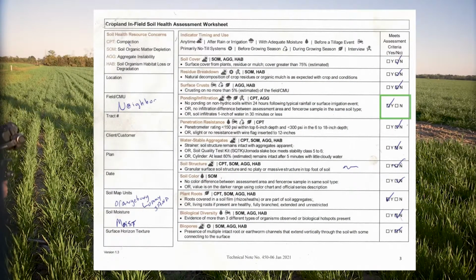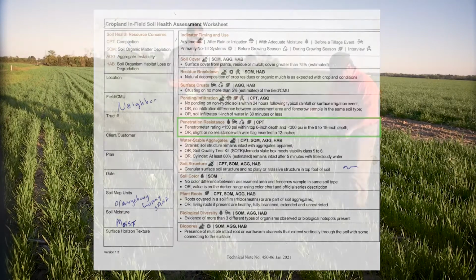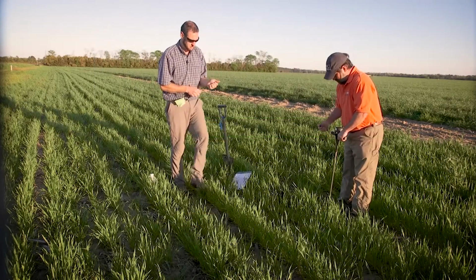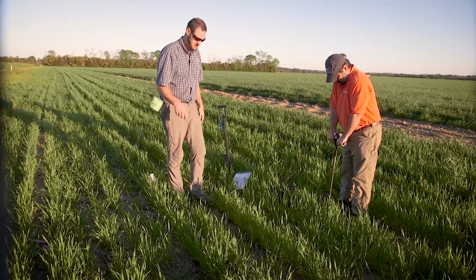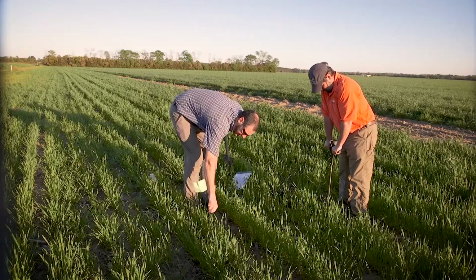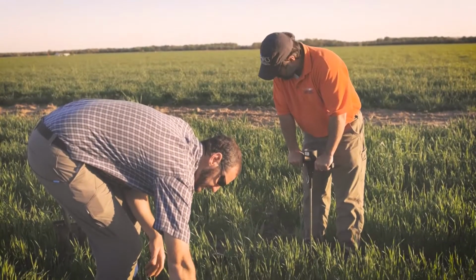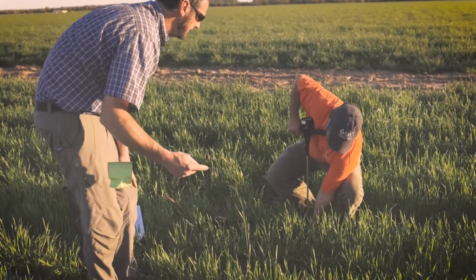You want to do the penetrometer? Yeah, and see what we get here. And then I can also use a wire flag to see if we get similar results. So in taking this, we're just going to see in multiple places if we find penetration resistance. 150. 150.